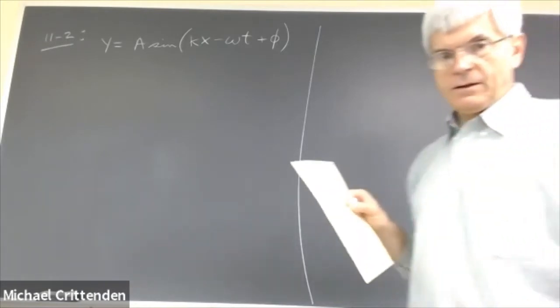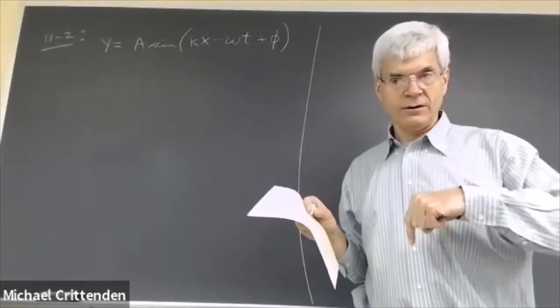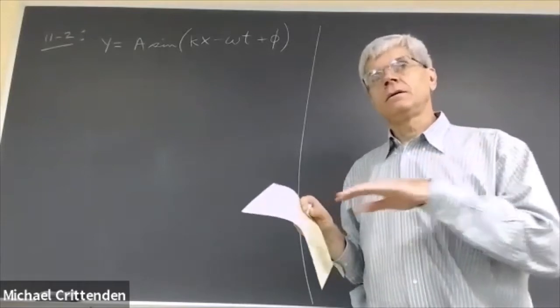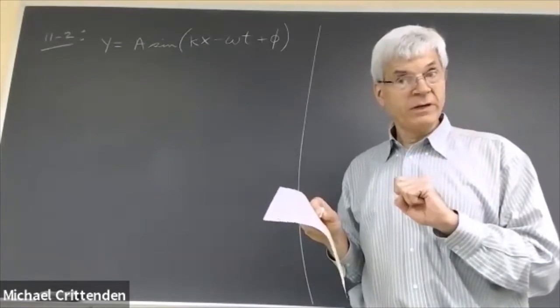it says that the lumberjack jumps on the log at t equals 0. So at t equals 0, the log has not been displaced from equilibrium.